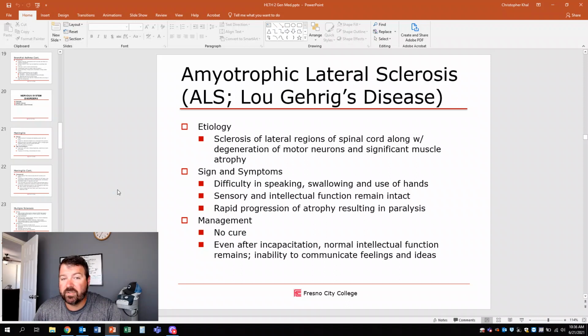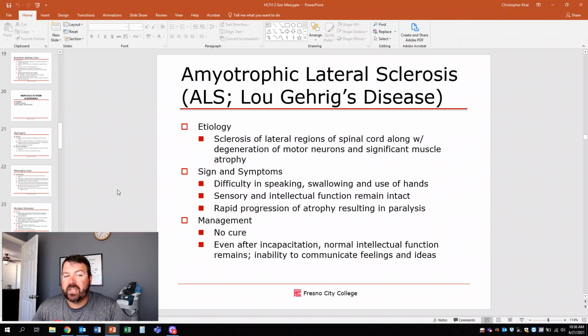Amyotrophic lateral sclerosis, or ALS, also called Lou Gehrig's disease. This is sclerosis of lateral regions of the spinal cord along with degeneration of the motor units and significant muscle atrophy. Atrophy is a wasting away of your muscles.